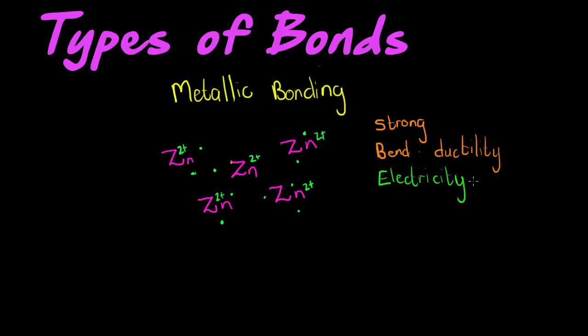Well, electricity is a flow of electrons. That's what electricity is. It's electrons flowing. And we already have a sea of electrons, and these electrons are glad to flow around, and so they very easily can move from one place to another place, causing a current and a flow of electrons. Okay, so electricity can be conducted.